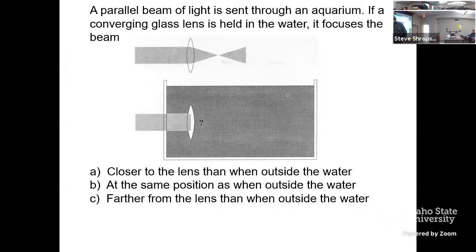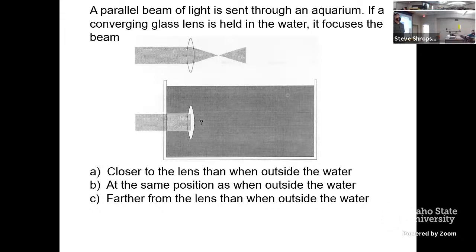Okay. Well, we have had an increase in the number of correct answers, which is C. Again, the amount of bending of light at any surface depends on the difference in the index of refraction at that interface. There is a large difference of the index of refraction between glass and air.